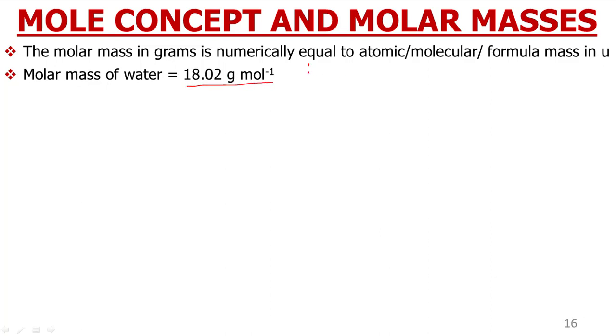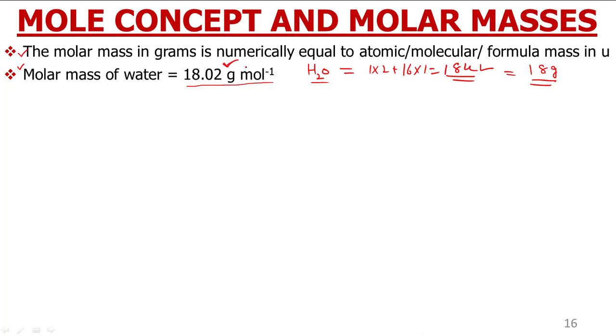We can also calculate molar mass from a simple formula. So this statement is very helpful to calculate molar mass directly from the formula, because we need not always do these calculations. Now this water molecule has a mass of hydrogen 1 into 2, and mass of oxygen 16 into 1, which is 18 U. The mass of this molecule is 18 U. Now this says that molar mass in grams is numerically equal to its molecular mass in U. So its molar mass will be 18 gram.